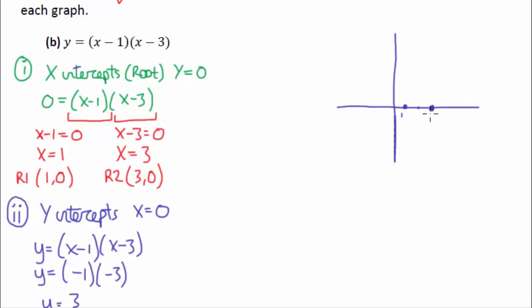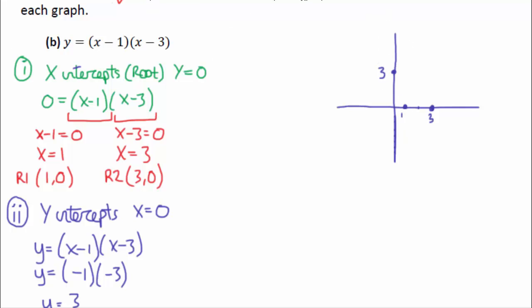Okay, so that's at 1, that's at 3. We've then got the y-intercept, that's about 3 there. And then we can start jotting this down.